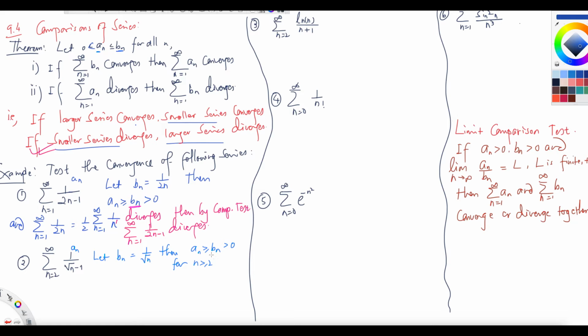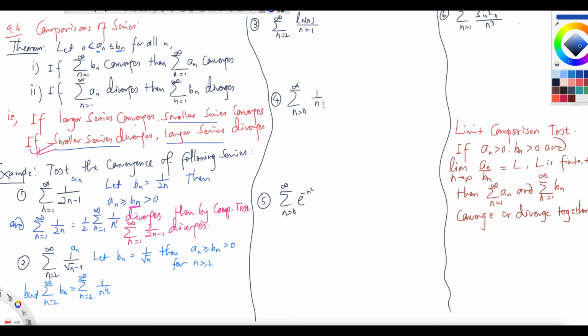But how about Bn? Does the Bn converge? Bn is the summation n equals 2 through infinity, 1 over n to the 1/2. You see that it is the p series test.